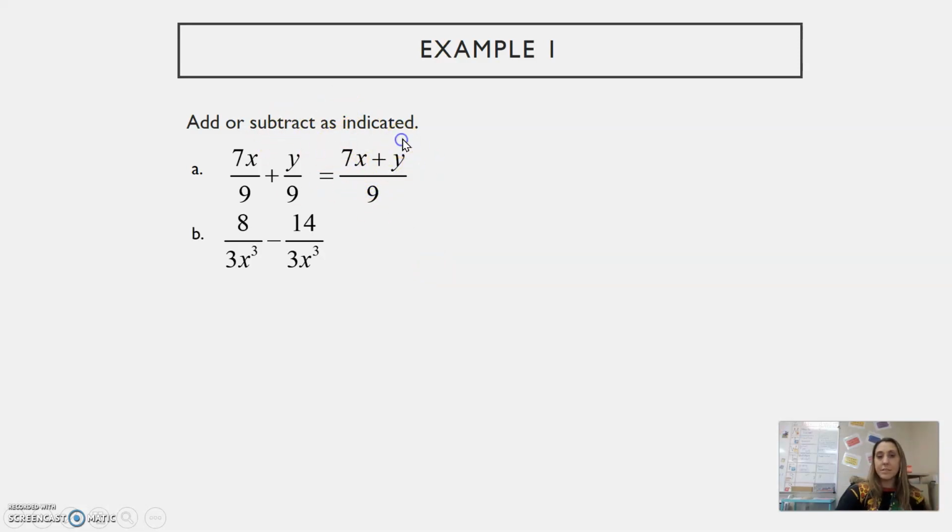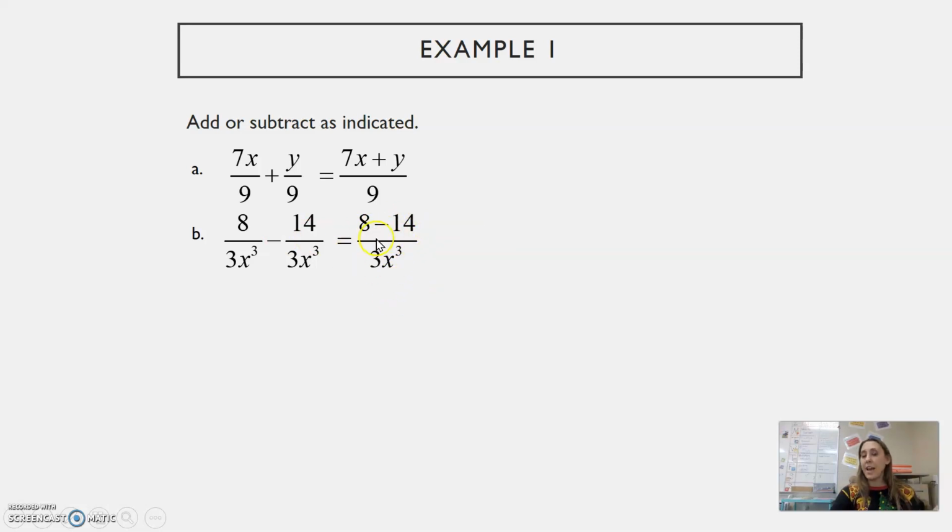So we're done. Now we're going to do x over 3x cubed minus 14 over 3x cubed. So go ahead and take about 30 seconds to write that down. Okay, it's been about 30 seconds. So then we end up with x minus 14 over 3x cubed.